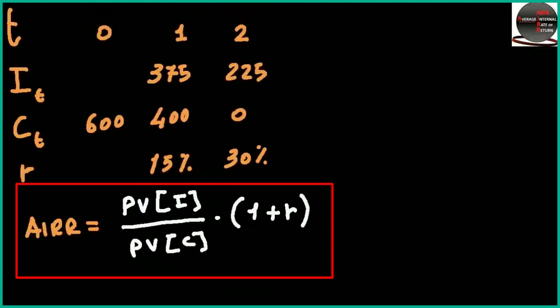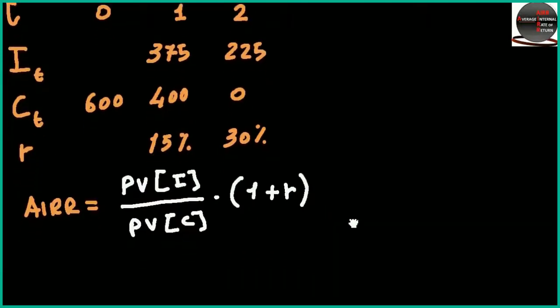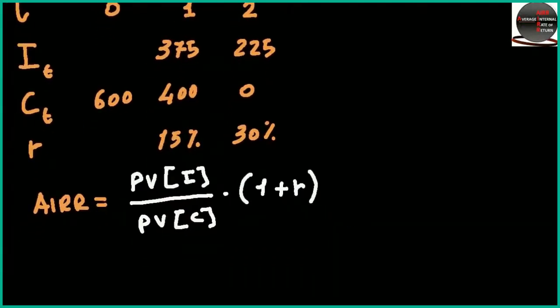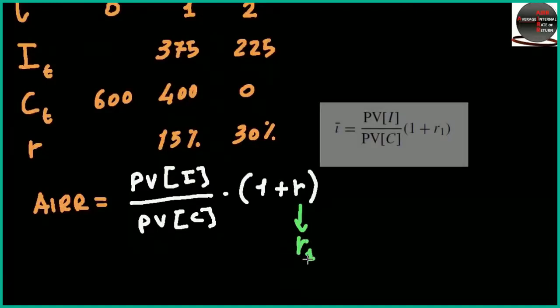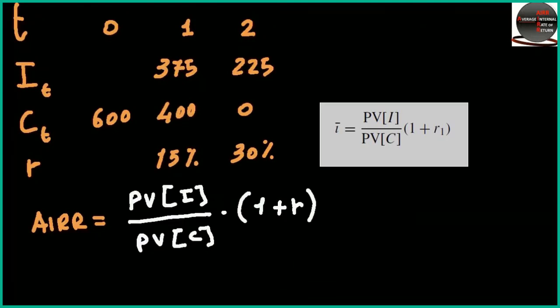Well, if the cost of capital is time varying, the structure is the same. However, we only have to replace the conversion factor, and instead of the constant cost of capital, we place the first period cost of capital. So let us apply this formula to our project.